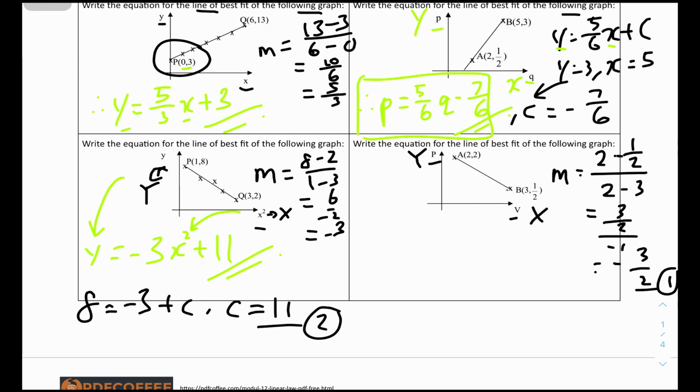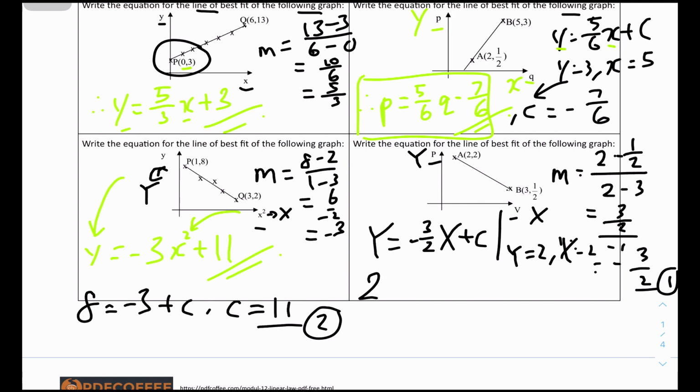So that's the gradient. So when you have the gradient, big Y equals minus 3 over 2 big X plus C. The big Y value, let's set it as 2, and the big X value is also 2.